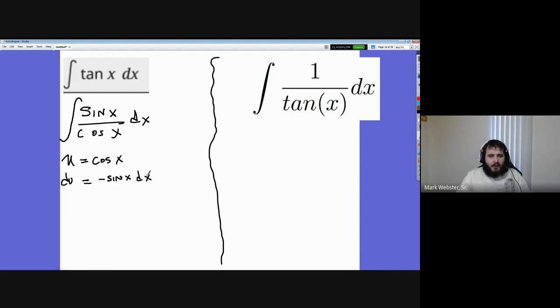And what I want to point out here, just before I do my thing, is that, look, in taking this u and taking the derivative, I generated all the rest of the stuff that I'm missing. So I don't have a negative in here, so I'm going to take this negative and flip it over to the other side.